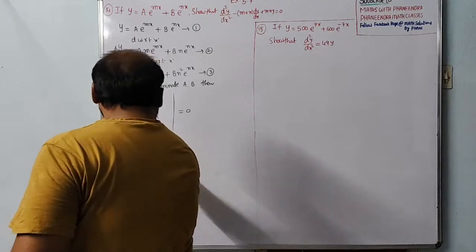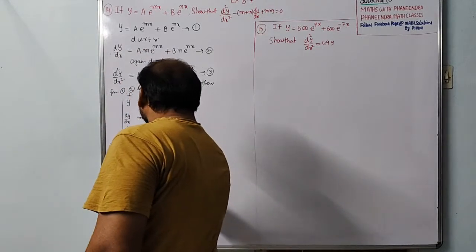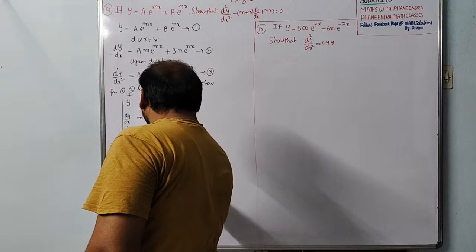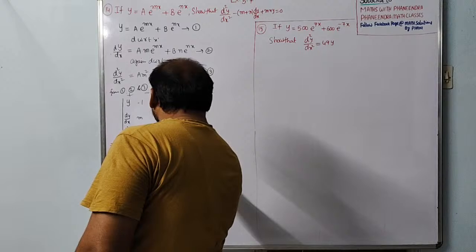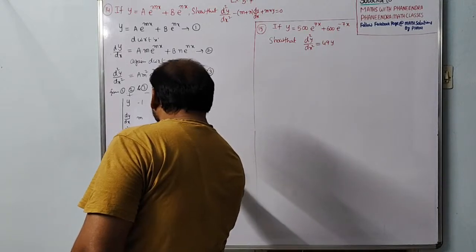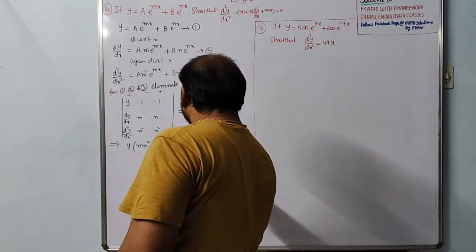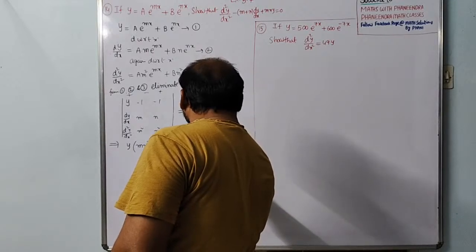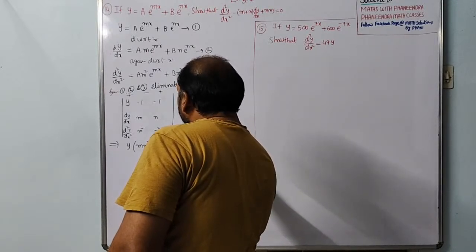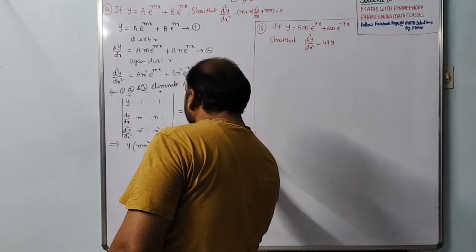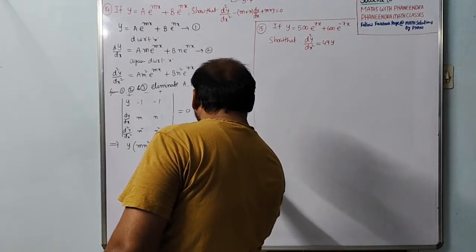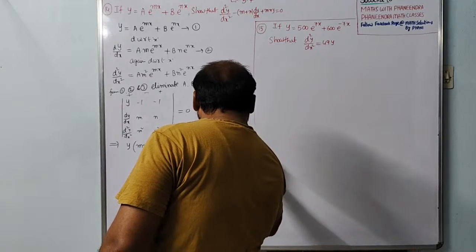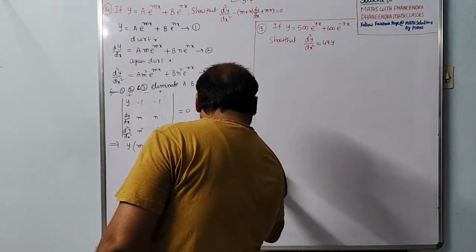So y into mn square minus nm square, plus 1 into n square into dy by dx minus n into d square y by dx square, minus 1 into m square into dy by dx minus m into d square y by dx square equal to 0.